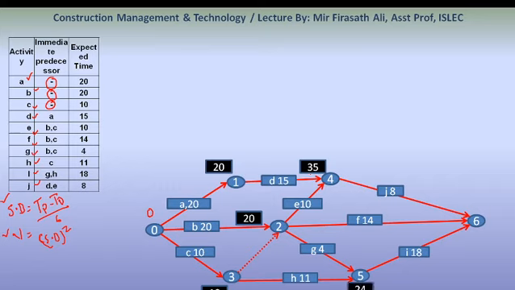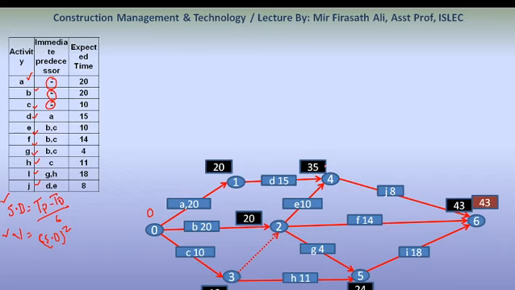Now for activity 3 to 5, the earliest starting time was 10. 10 plus 11 is 21. Next, at event 4, the earliest starting time was 35. 35 plus 8, the earliest finish time will be 43. The project completion time is 43 days.